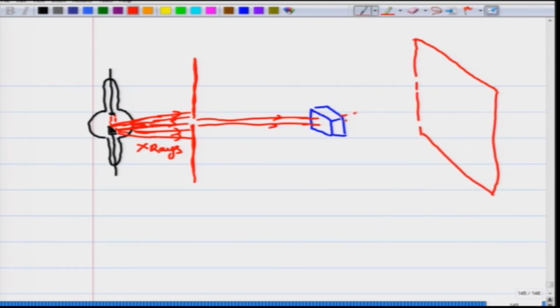Once the X-rays get diffracted and emerge from this, they will strike the screen and generate a diffraction pattern.